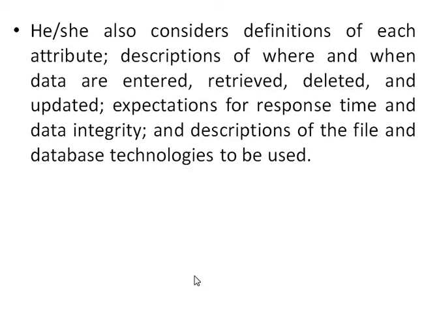So what they mean is when they design the database, they have to see what is the attribute, what is the descriptions, what has to be entered as data, what has to be retrieved from the database, what needs to be deleted, what needs to be updated. All these have to be taken into consideration.